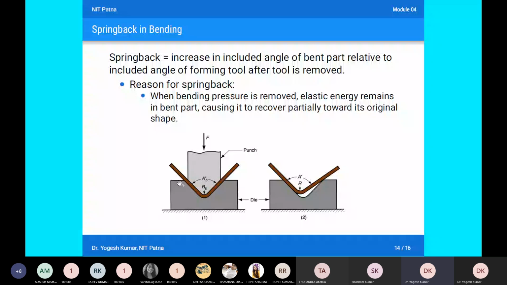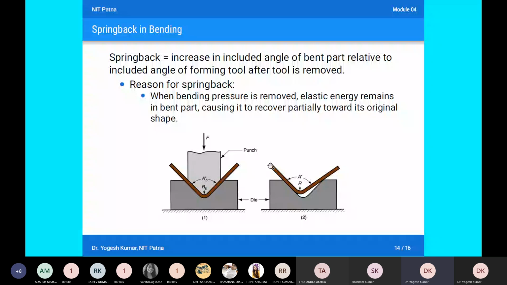This sheet shows some spring back. Why is this spring back coming? The spring back is coming because of the elastic energy which remains in the bent part.